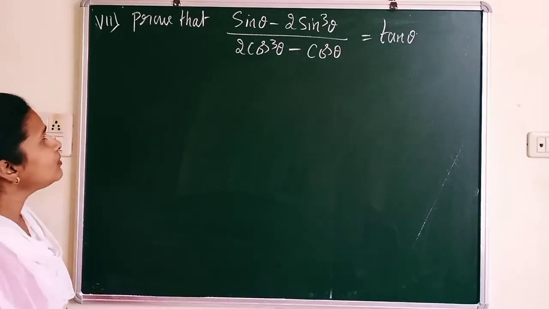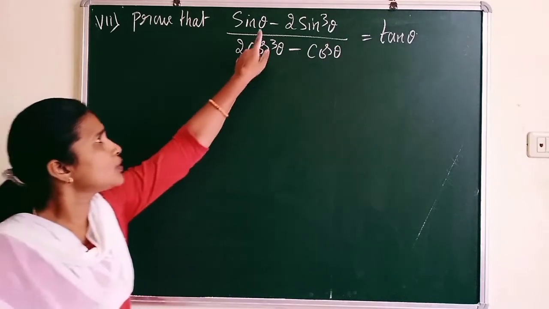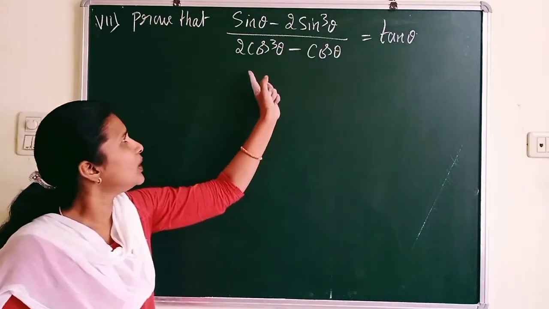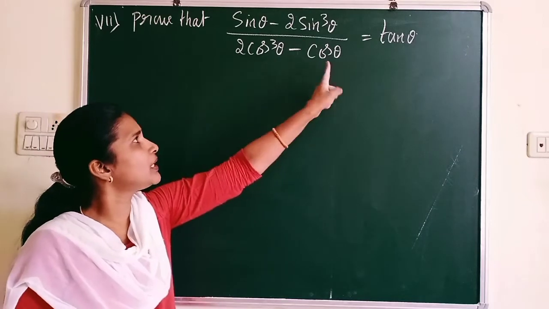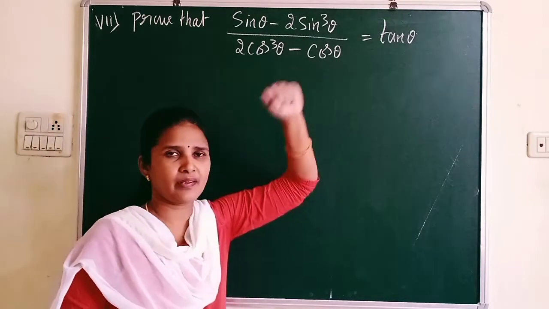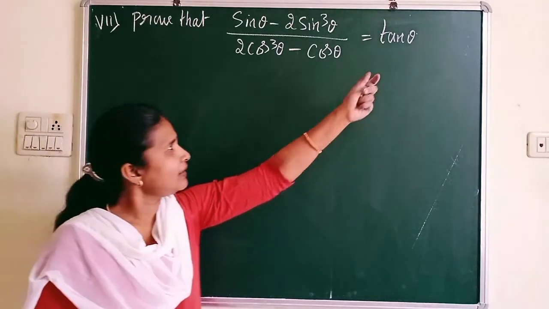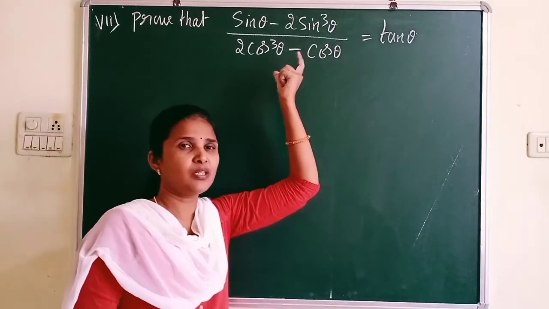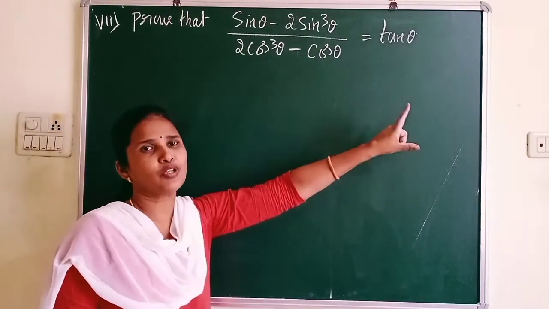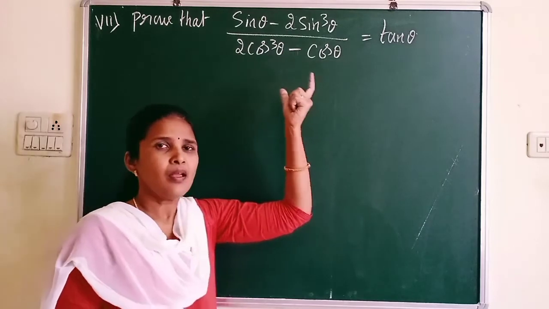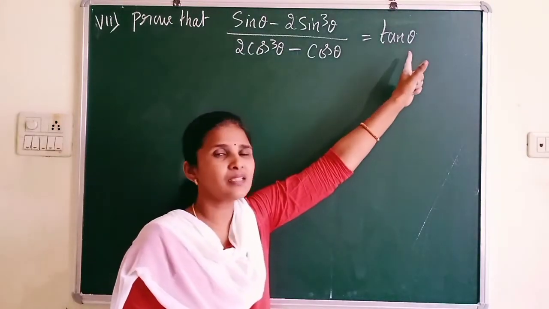What he has given: prove that (sin theta minus 2 sin cube theta) whole divided by (2 cos cube theta minus cos theta) equals tan theta. Can I take tan theta and prove this bigger complex statement? It is impossible. So let us take LHS and prove it as tan theta.